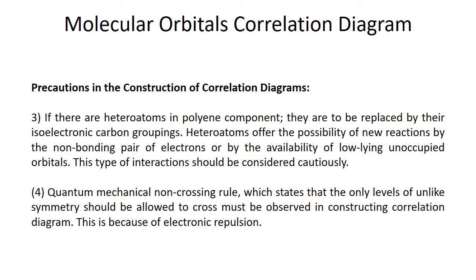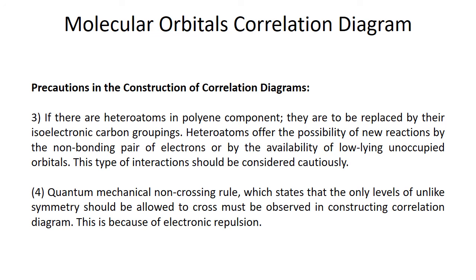Again, the next, fourth point is the quantum mechanical non-crossing rule. You have seen that when we make correlation diagrams, the electrons move from HOMO to LUMO, and sometimes we say that from LUMO to HOMO electrons can also move. Sometimes there are crosses in the correlation diagram, but we have to make sure that crosses are only allowed when the symmetries are different.